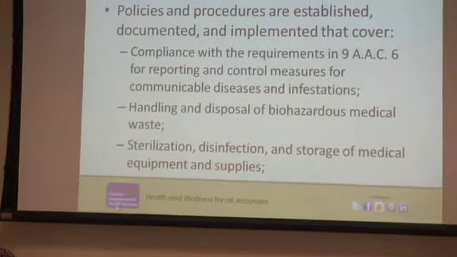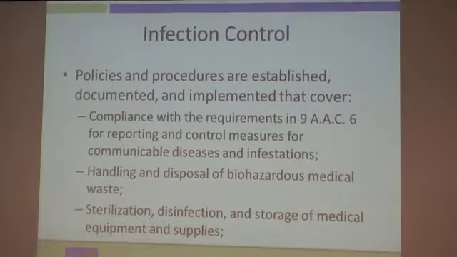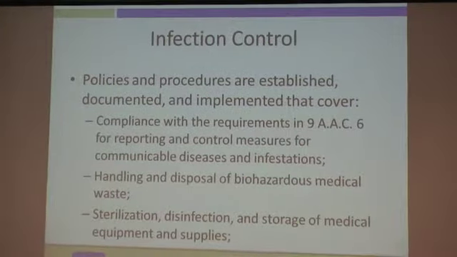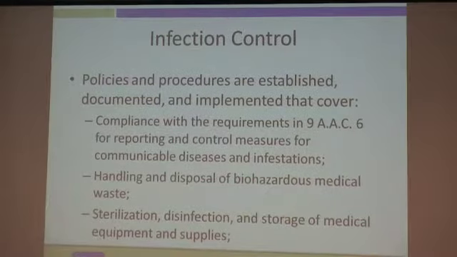Okay. Policies and procedures are established in compliance with the requirement at, and this is where you want to look, 9 AAC 6, for reporting and control measures for communicable diseases and infestations, handling and disposing of biological medical waste, and sterilization, disinfection, and storing of medical equipment and supplies.